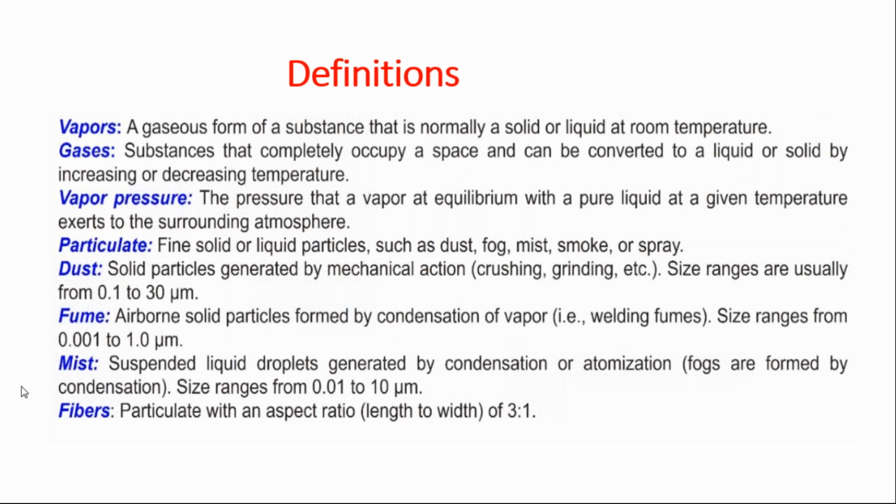All sides of the sphere are equal, but in case of a rectangle, the length is more than its width. At least if length is 3 times greater than its width, then such particles can be termed as fibers. Meaning fibers have more length, more than 3 times of their width. Okay, good, understood.